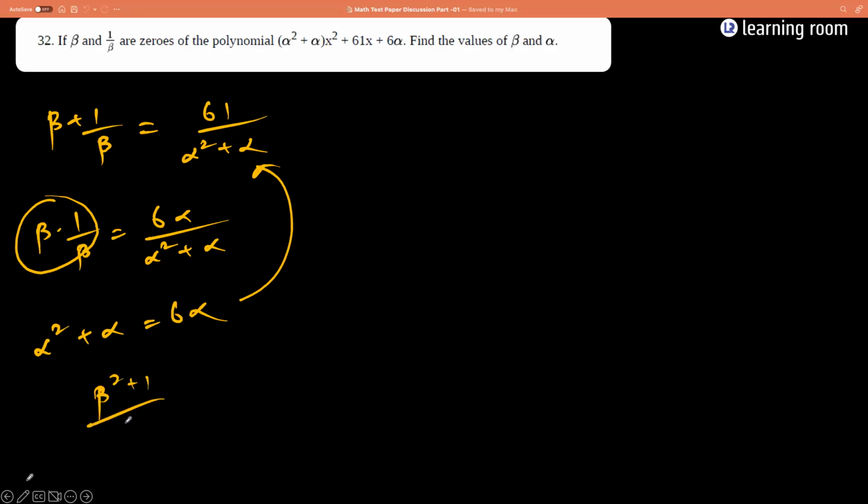So beta plus 1 by beta is equal to 61 divided by 6 alpha. Now how do I proceed?